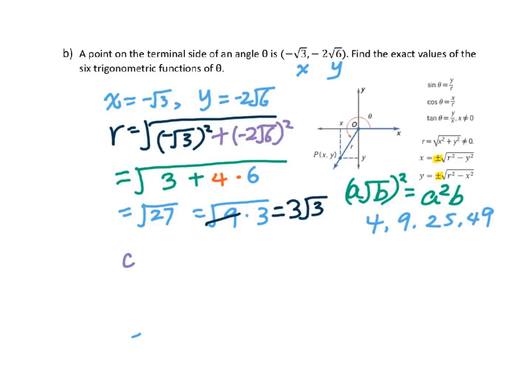Then for cosine theta equals x over r, you will get negative square root of 3 over 3 square root of 3. Reduce square root of 3 both sides, you got negative 1 over 3.